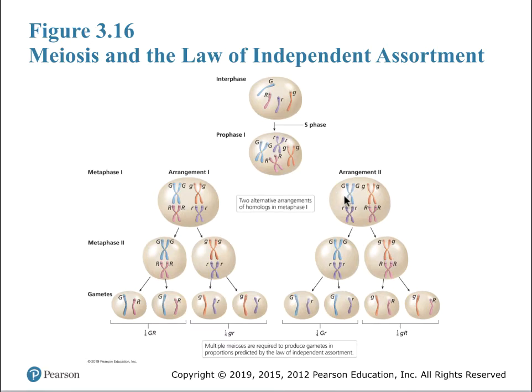The overall result is that when he produces sperm, millions and millions of sperm each day, they will have a roughly 50-50 relationship between the two orientations in which the chromosomes have lined up. Because each chromosome is an independent entity, it has no respect for the lining up of the other pair. The other pair can do what they like, either this direction or that direction.